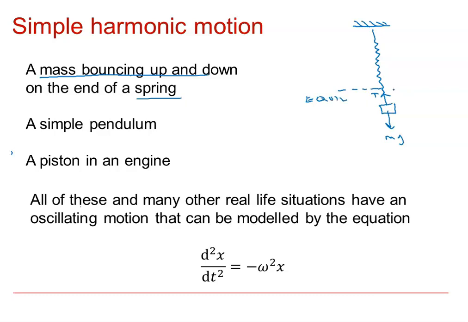And the important thing here is that if we look at the displacement from the equilibrium position, which I'm going to call x, and we consider the downward acceleration, which is d2x by dt squared, then this downward acceleration is proportional to the displacement and in the opposite direction.